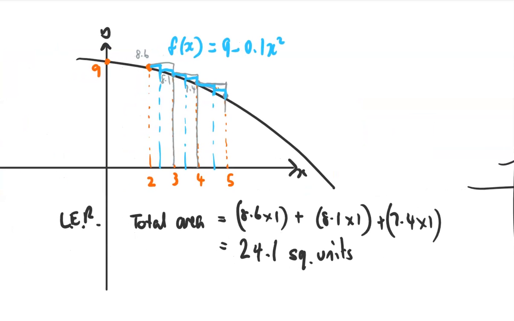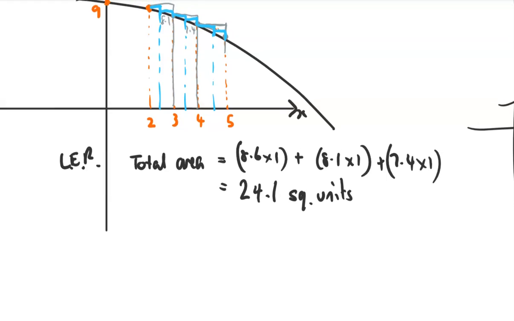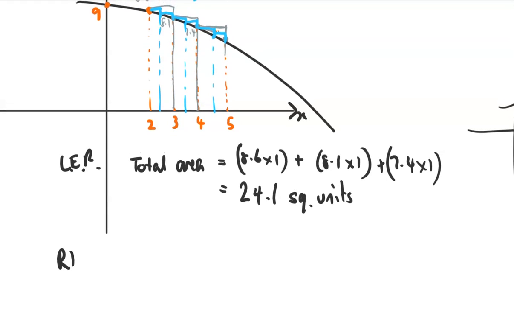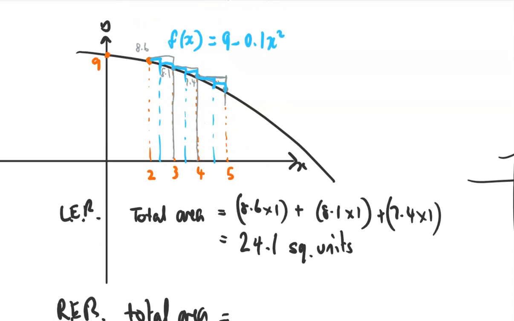Okay? So what if I thought, well, okay, that's left-hand rectangles. What if I did right-hand rectangles? So what would be my total area this time? What values am I going to choose now? Again, I'll go back to my original graph.